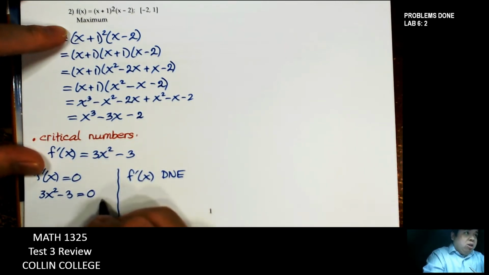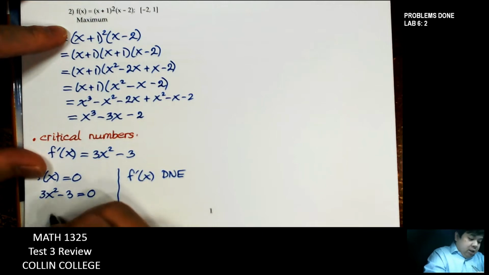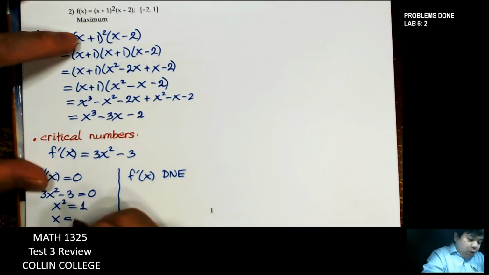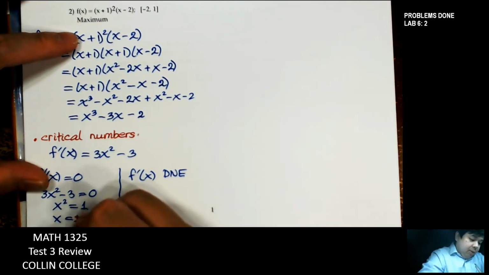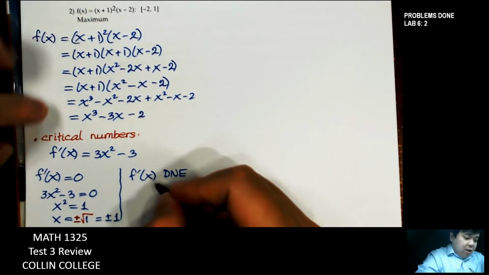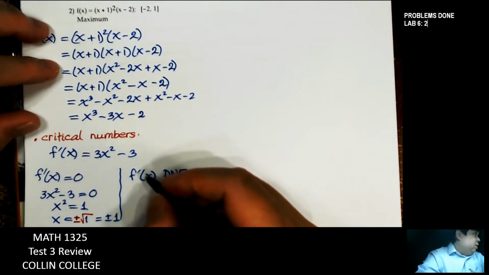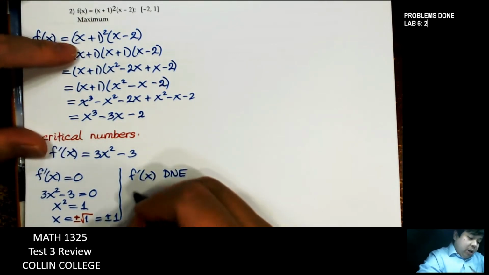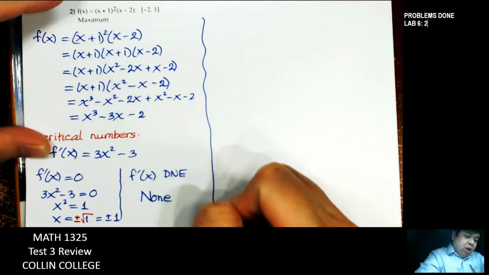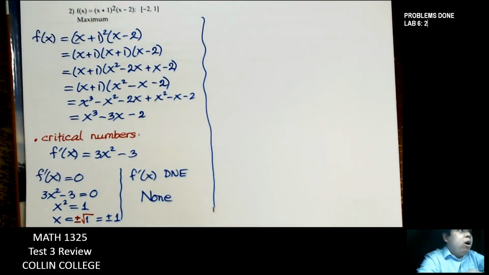Add 3, divided by 3, we have x squared is 1. So x will be equal to, don't forget that if we take the square root on both sides, there will be a plus or minus, so plus or minus 1. And does not exist: this derivative is defined everywhere, so we do not have anything here. So we found the points 1 and negative 1.